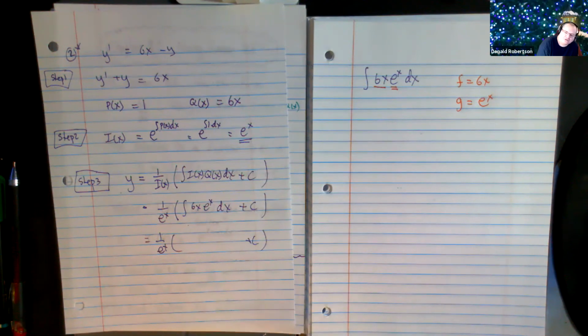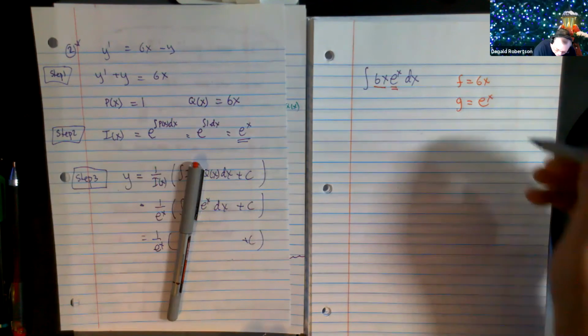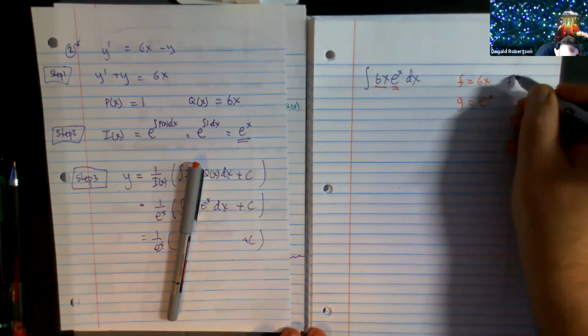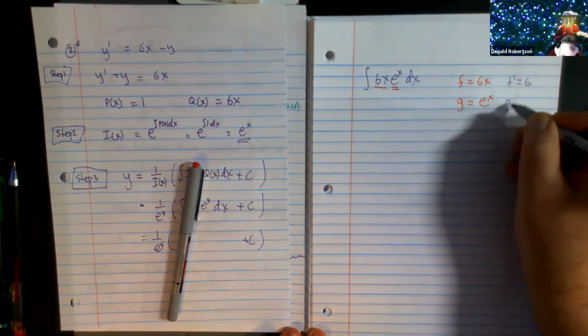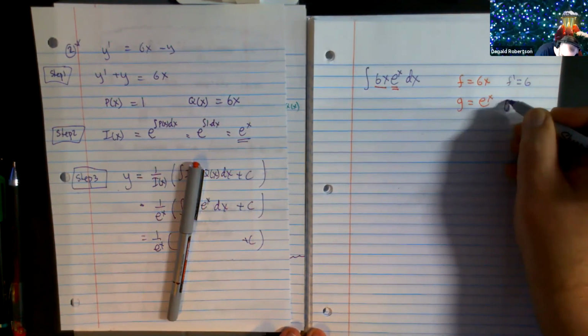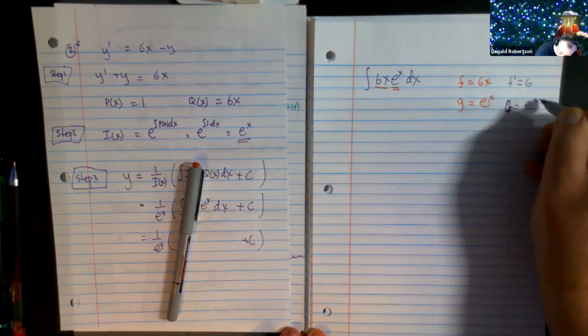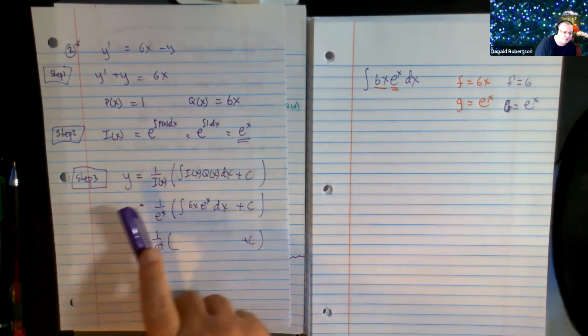If you reverse that, don't you want F to get simpler when you differentiate it? Which is kind of saying what you're saying, but from a different perspective. So that guy, when you differentiate him, is going to be 6. And this guy, when you integrate him, doesn't change. At least he doesn't get uglier, right?